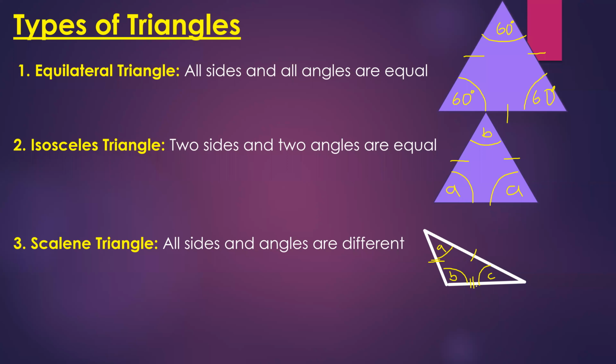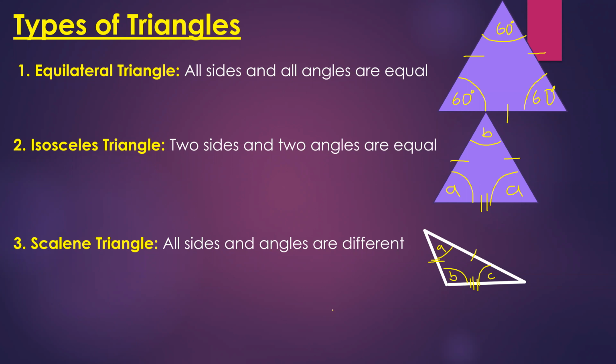The dashes symbolize that they are not equal. These two have one dash, which means they are equal, but the double dash means that this line is not equal to this line, neither this line. This one has a triple dash, which means that none of the sides are equal in length.